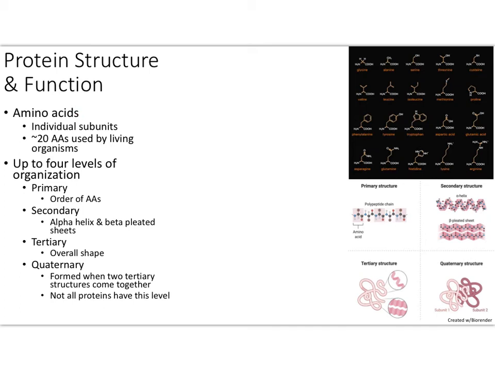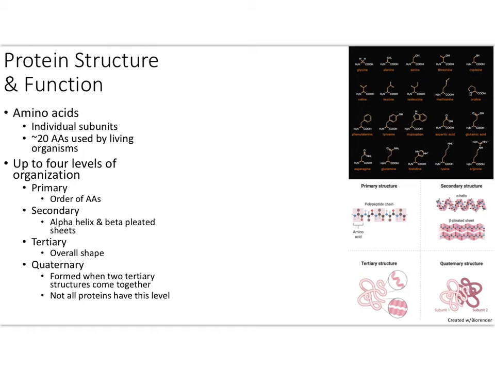And while there are many types of amino acids that exist in the world, there are approximately 20 amino acids that are used by living organisms on a regular basis. So you have a chart of the 20 most common amino acids used by organisms to make proteins.